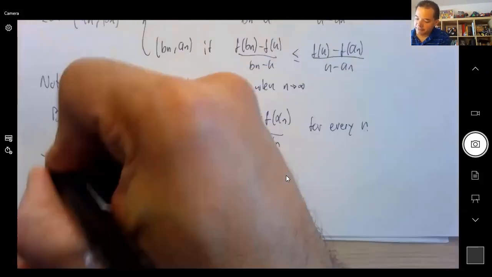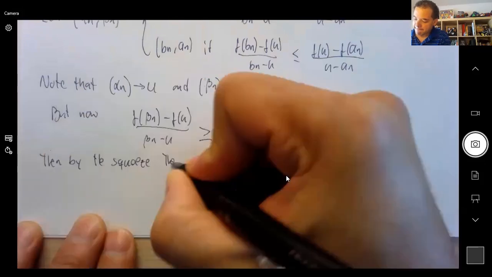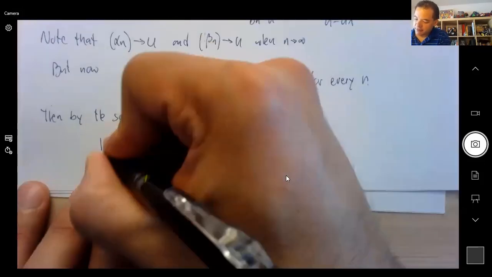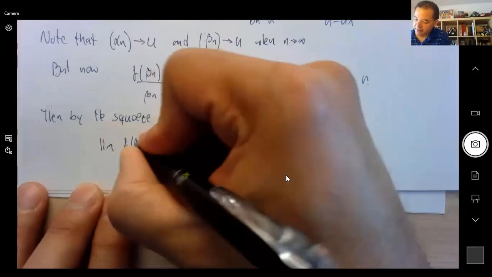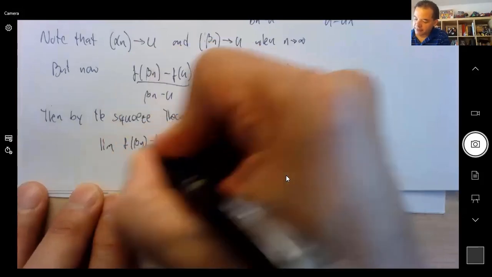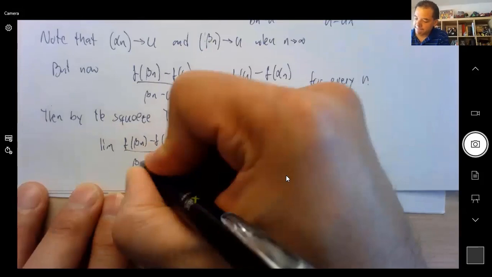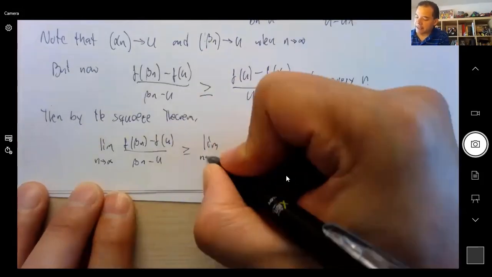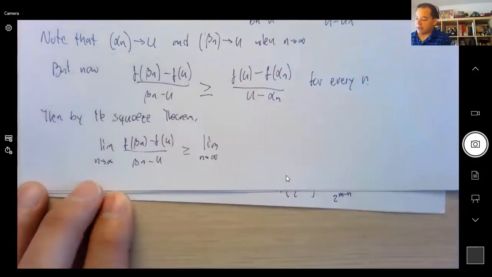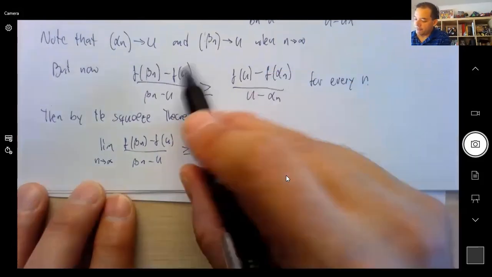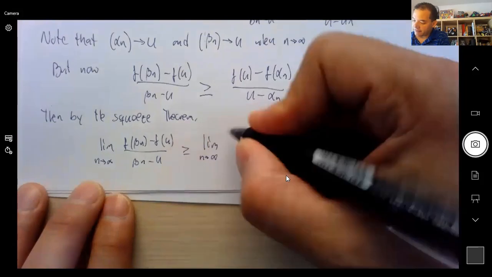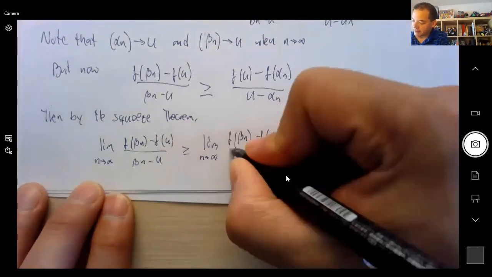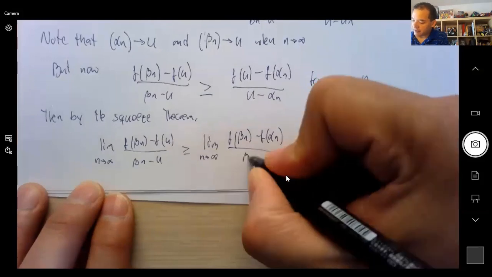So then by the squeeze theorem, the limit of f of beta n minus f of u over beta n minus u is bigger than or equal to the limit. So what's the guy in between these two? When I add the numerators, the f of u cancels, and I get f of beta n minus f of alpha n divided by beta n minus alpha n.